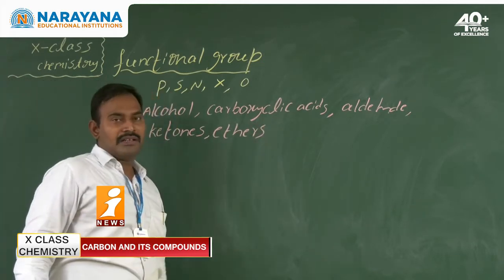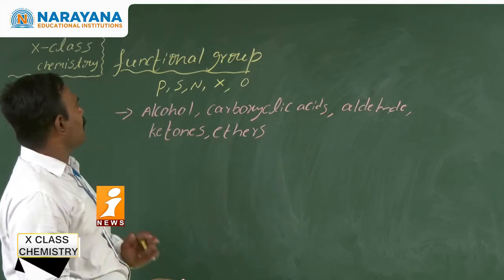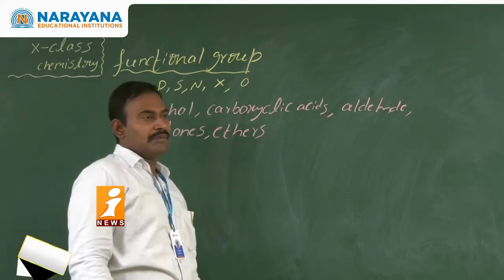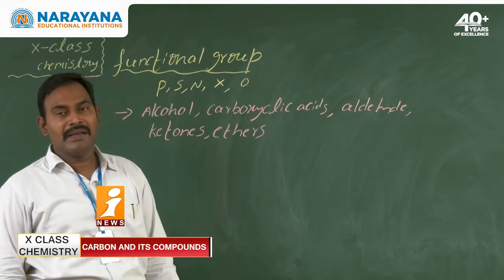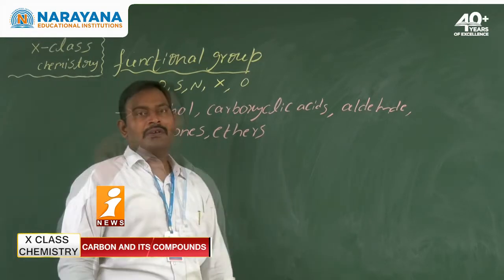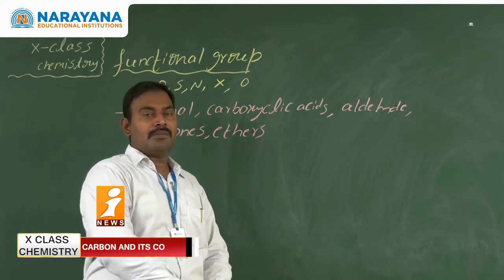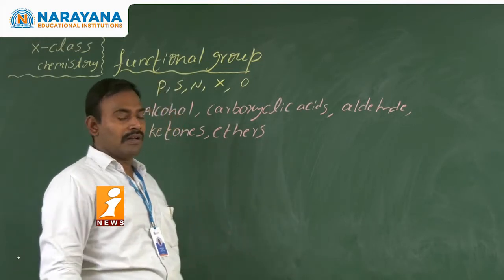All these are examples of different types of functional groups. That means the chemical properties of the carbon compound mainly depend upon the functional group present in it.